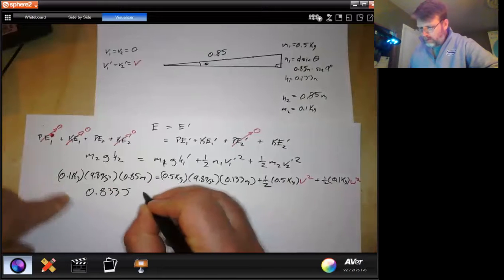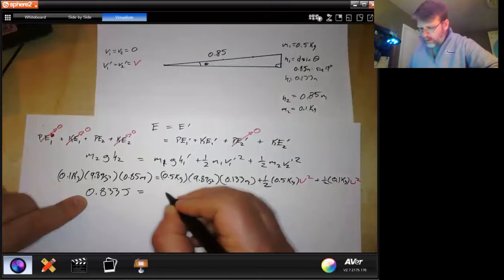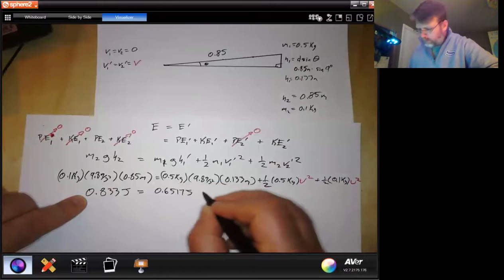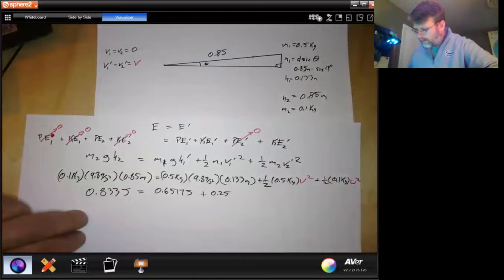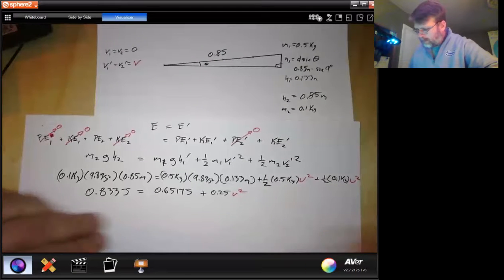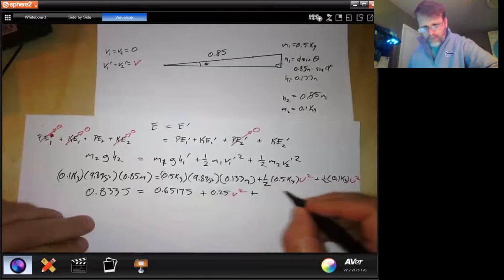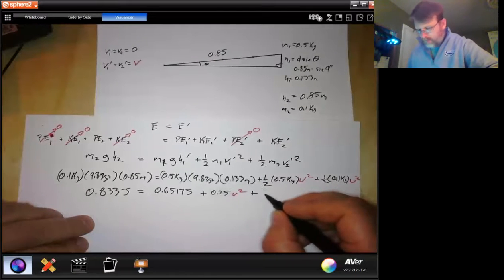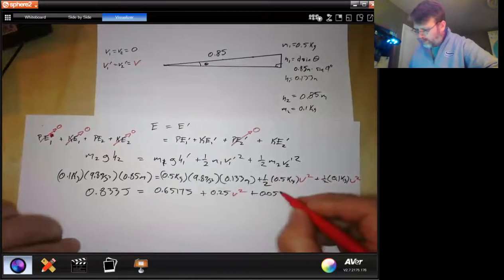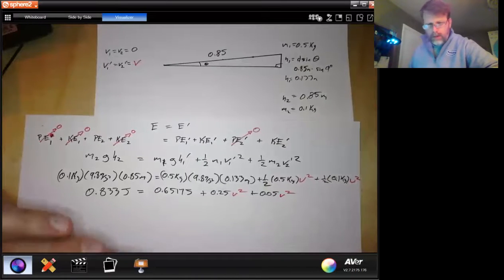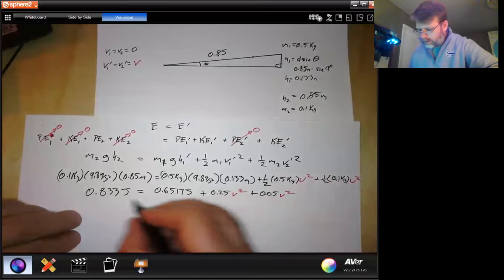We multiply all of these together, and we should get about 0.833 joules. Then we got 0.6517. Now we're just off to algebra here.